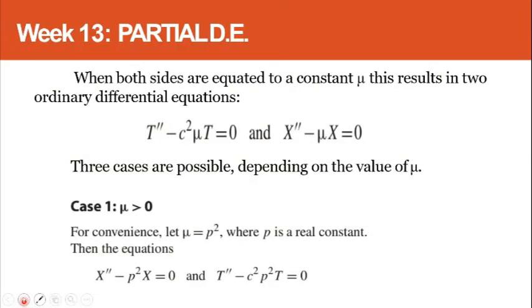Ayan. Or we can also equate ito based din sa constant natin ng u, which is we have the formula for the T and the formula for the X naman siya. So, for T, we have the second derivative of T minus c squared times u times T is equal to 0. And also for the X naman, second derivative of X minus u times X is equal to 0.